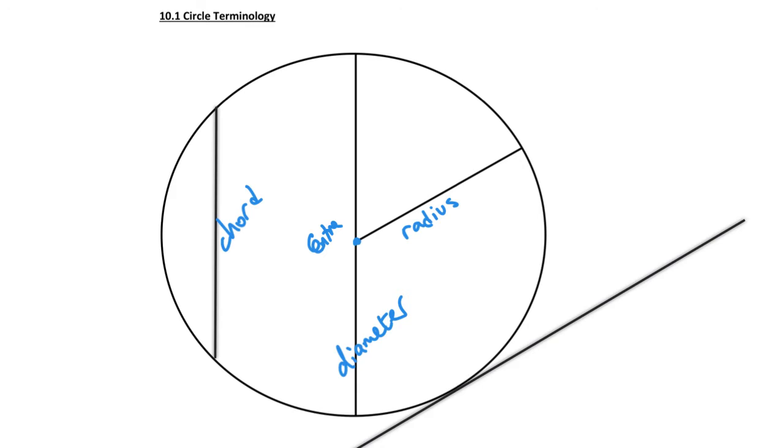The outside of a circle, so the perimeter of a circle, is called the circumference. A line outside of a circle that touches the circle at one point is called a tangent. The area contained within part of a circle, contained between two radii, is called a sector.